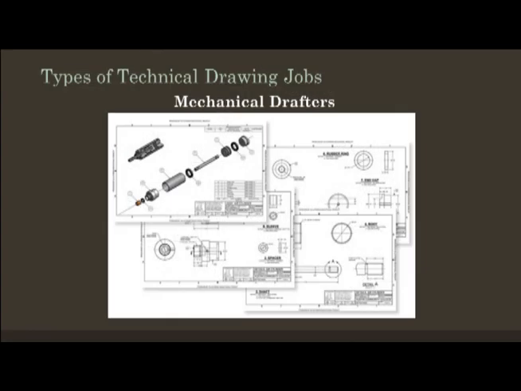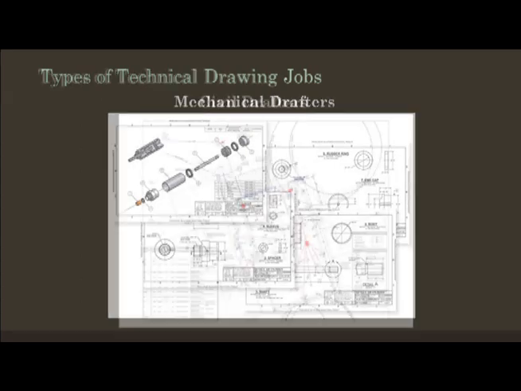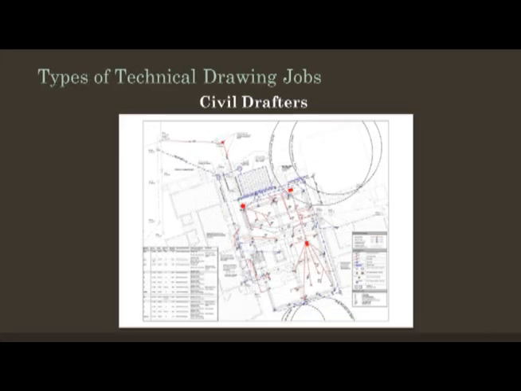Next, mechanical drafters. Mechanical drafters create engineering drawings which manufacturers use to create a product or component. In this example, a mechanical drafter might create the manufacturing plans for an automobile engine block. Then we have your civil drafters. Civil drafters create construction plans for projects such as bridges, sewage systems, oil pipelines, and highways.